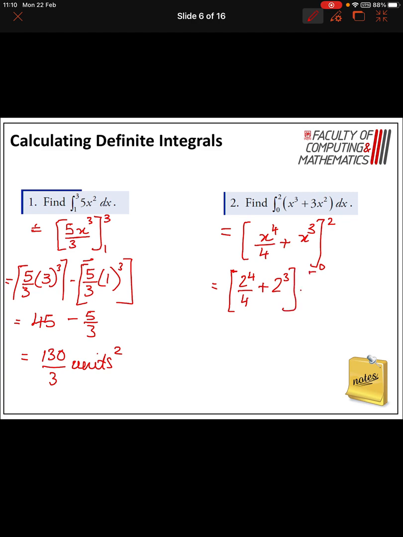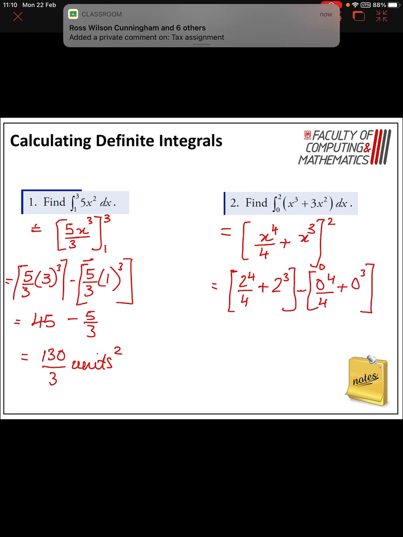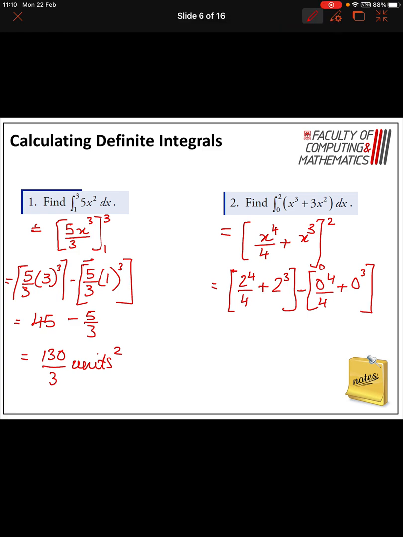Then take away, and substitute in your lower limit. Now I love substituting in 0 because most of the time it's just going to 0, which is what this is. So I would end up with 12 in there, minus 0, so I would have 12 units squared. So that's calculating a definite integral, and as I've said before, you don't have the constant of integration with a definite integral because they're exact.